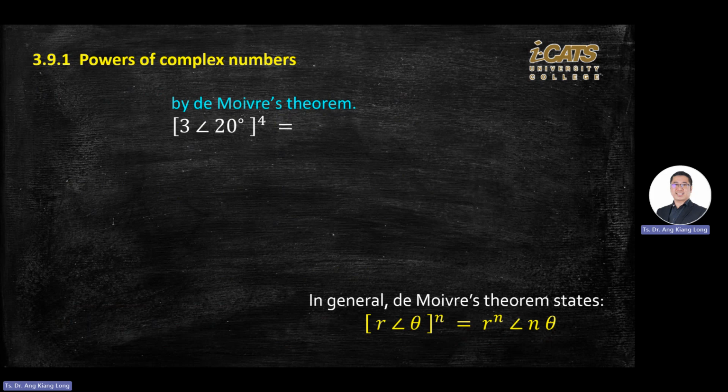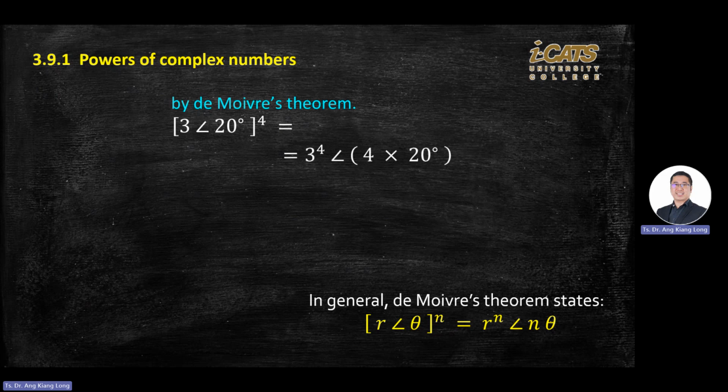Okay, so if we have a problem, polar complex number 3 with the angle of 20 degrees, power 4. By the general equation, we know that the real component 3, we raise to the power 4, and the 20 degrees will be multiplied by 4 also.